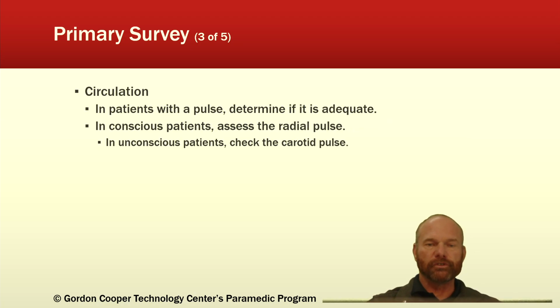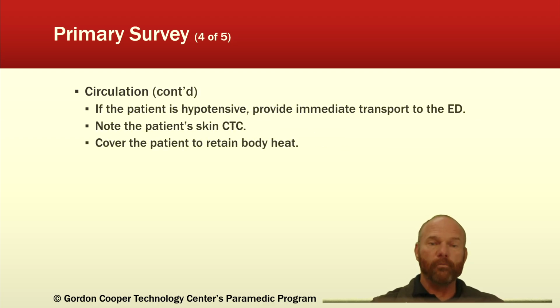And we want to evaluate the quality of the pulse: is the radial pulse weak and thready, is it irregular? Just these assessment skills that hopefully we already have in our toolbox. So for hypotensive patients, we want to provide immediate transport to the emergency department.